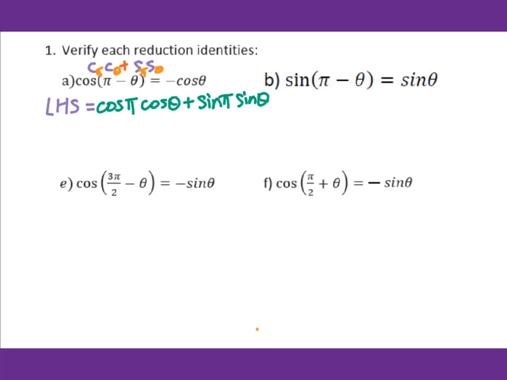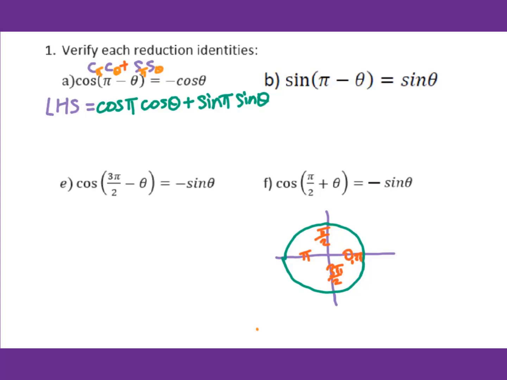Students have a hard time to figure out cosine pi and sine pi. Let's do this way. First of all, think about the unit circle. Label as 0, pi over 2, pi, 3 pi over 2, and 2 pi.